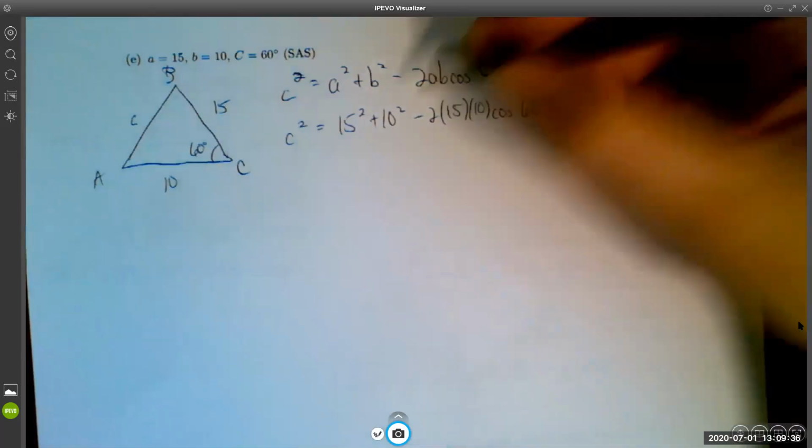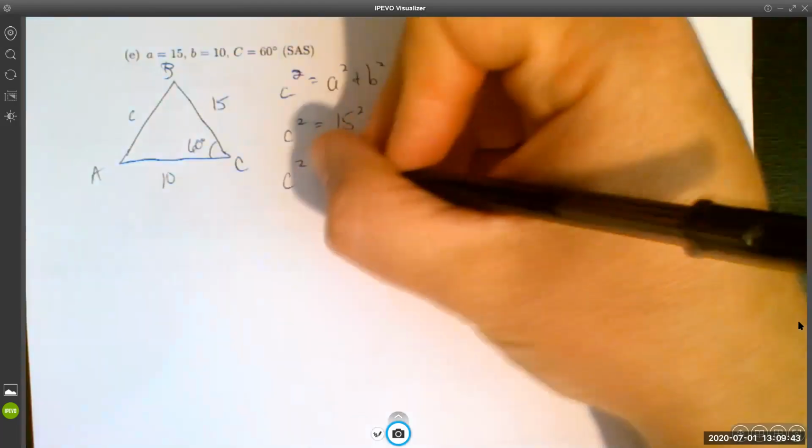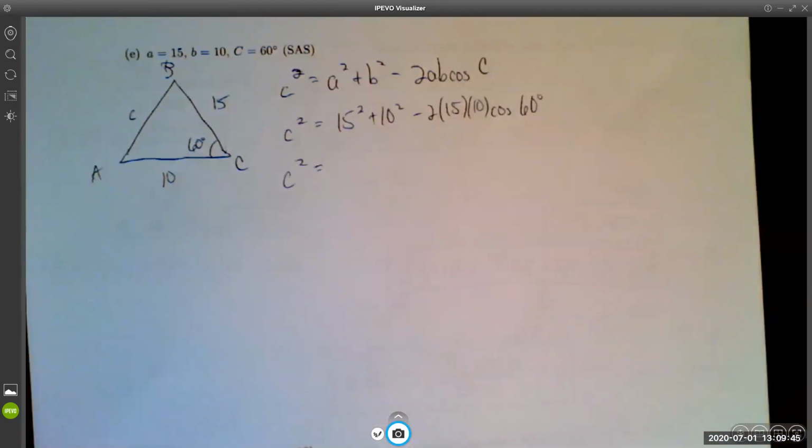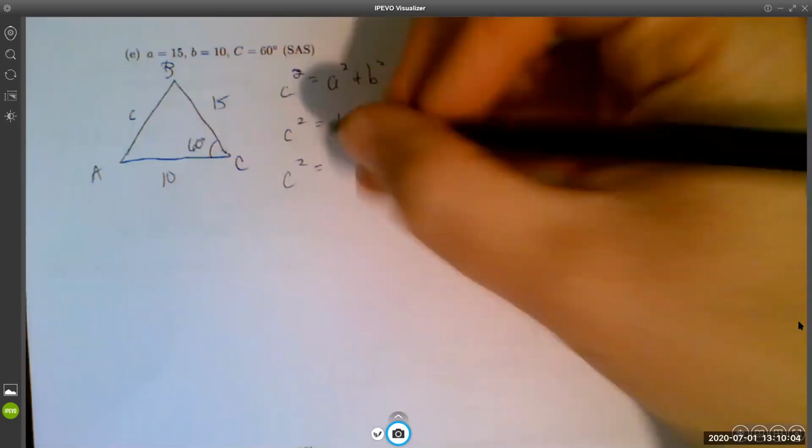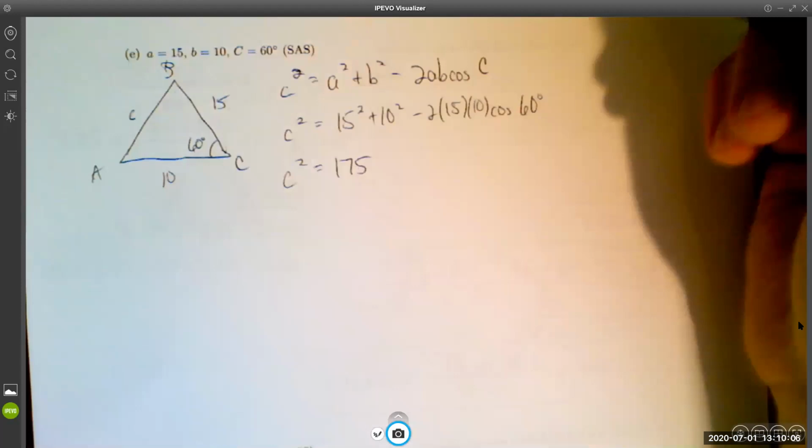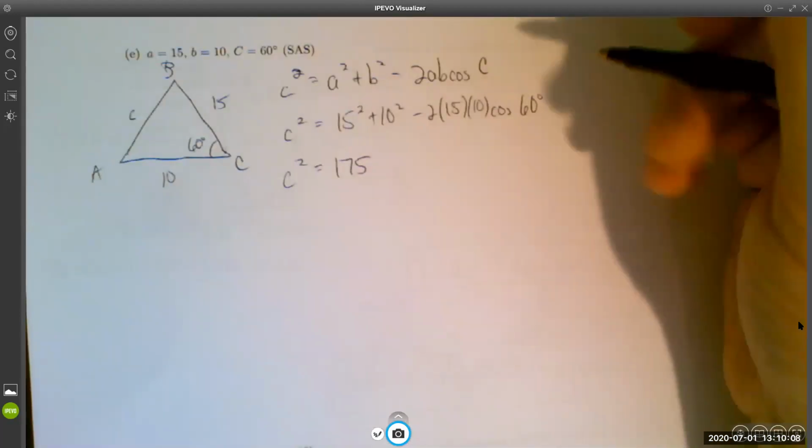And then you can simplify all of this mess and then take the square root to figure out what c is. So c squared equals 15 squared plus 10 squared minus 2 times 15 times 10 times cosine 60 degrees. That comes out to exactly 175. Isn't that lucky? It doesn't always come out so nice, but it came out to 175 in this case.